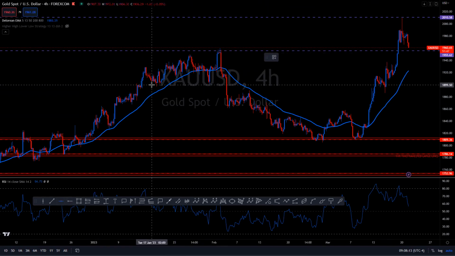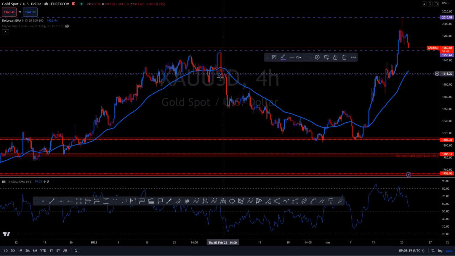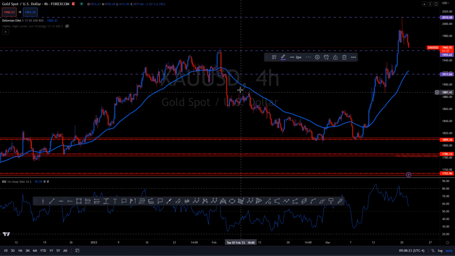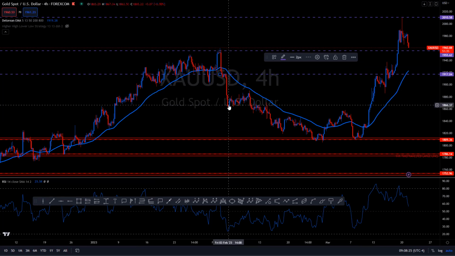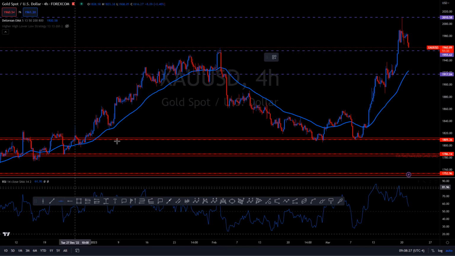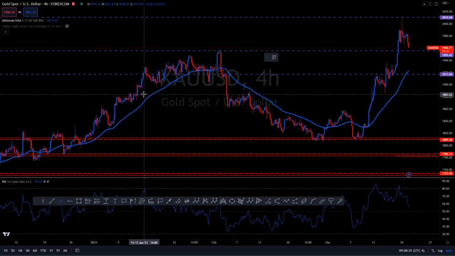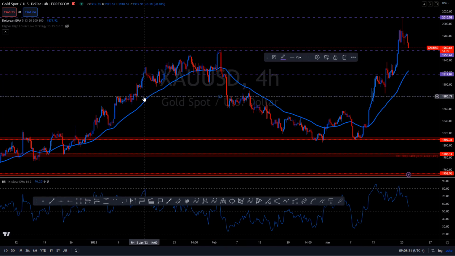And then when we analyze price, we can see that there was a valid zone here. Price tested that and pushed all the way down here. And this was another solid area as well. Pushed all the way down.